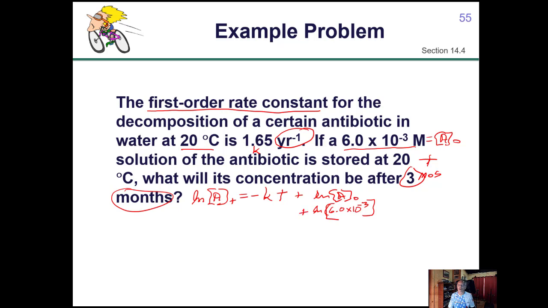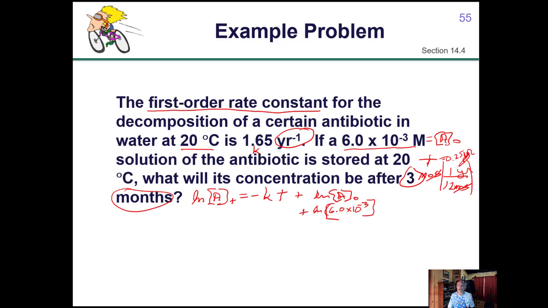Well, the first thing we want to do here, we'll want to convert this into years, because those are the units of the rate constant. There are 12 months in 1 year. So months will cancel. That's going to give us 3 times 1 divided by 12, which is going to equal 0.25 years.